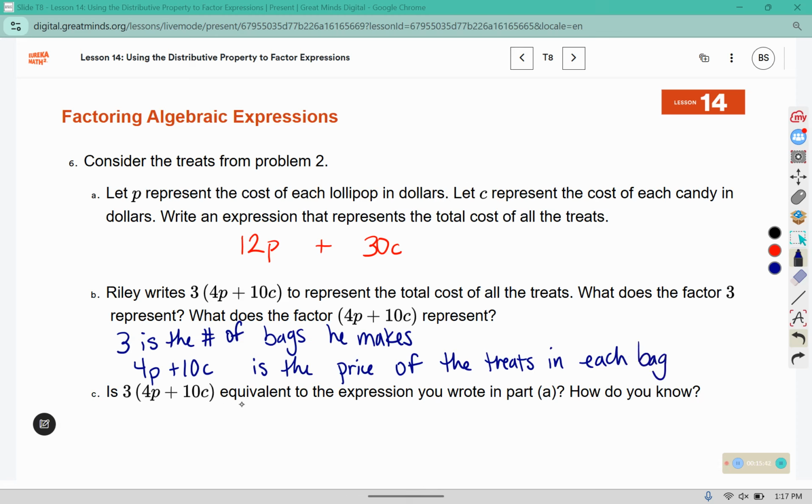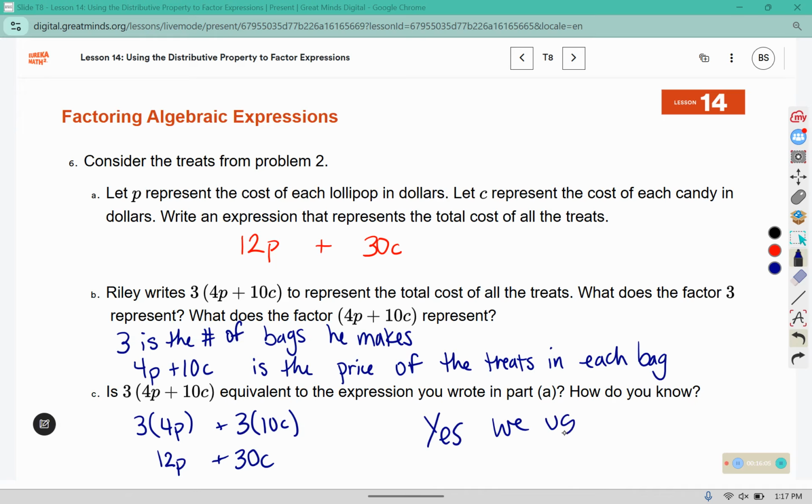Is this equivalent to the expression we wrote in part A? Well, if we distribute 3 times 4P and 3 times 10C, 3 times 4P is 12P, and 3 times 10C is 30C. So yes, it is.